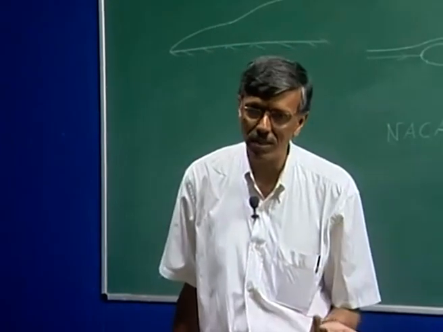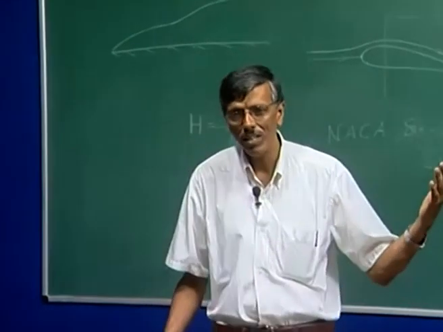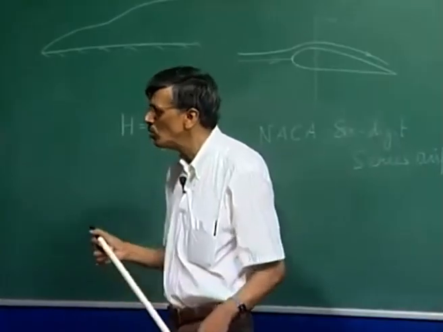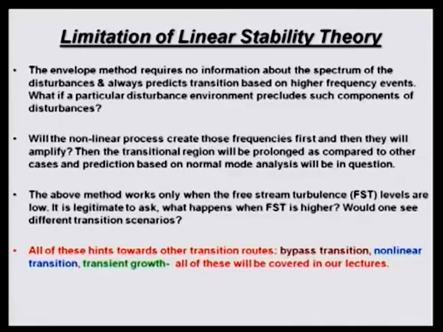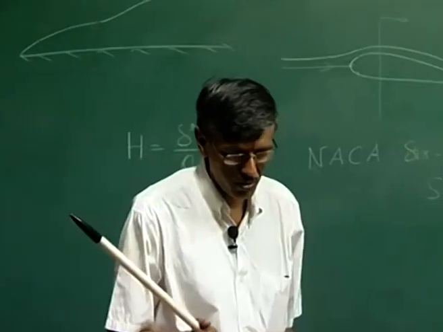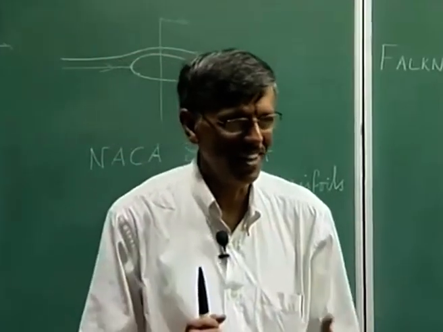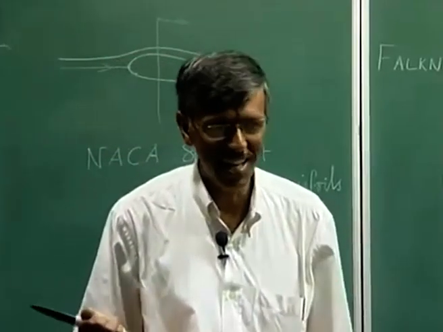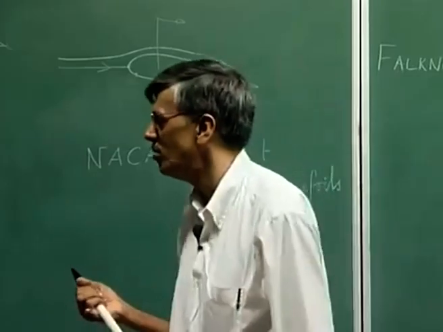What is the other possibility? The possibility would be the background disturbances are with the oncoming flow. Those disturbances are what are called free stream turbulence. So, the free stream, what we are always used to taking as u equal to u infinity etcetera, is hardly ever so. There will always be disturbances riding with the uniform flow.